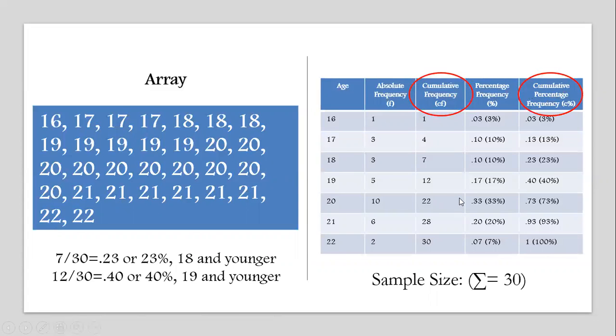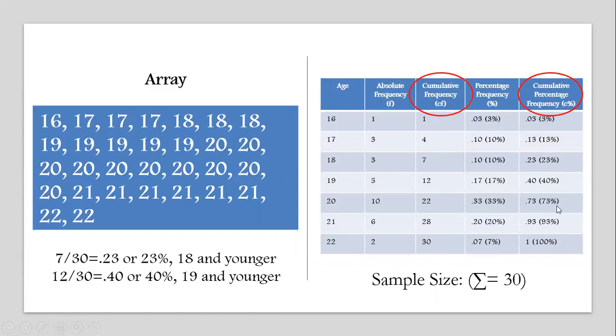So what we would do here is we would simply divide 7 by 30 in order to get 23%. And we would divide 12 by 30 in order to get 40%. And we would do this for each number in our cumulative frequency column.